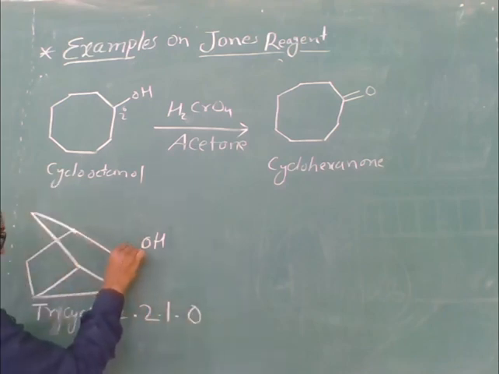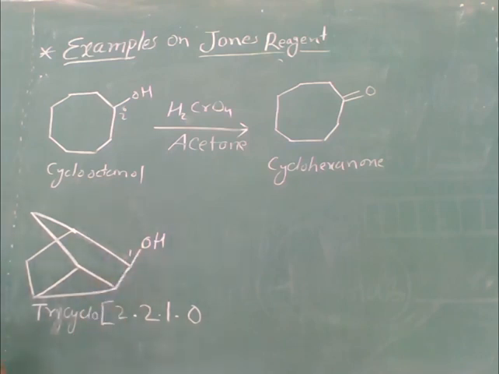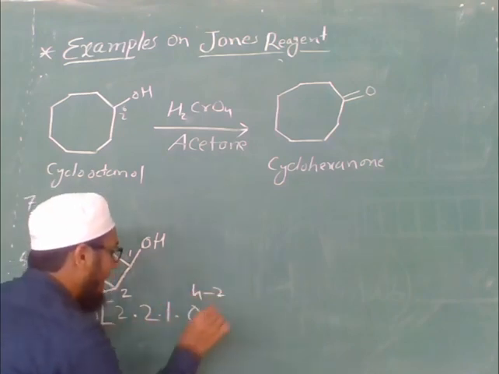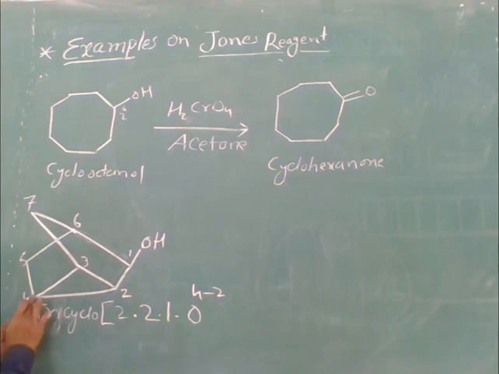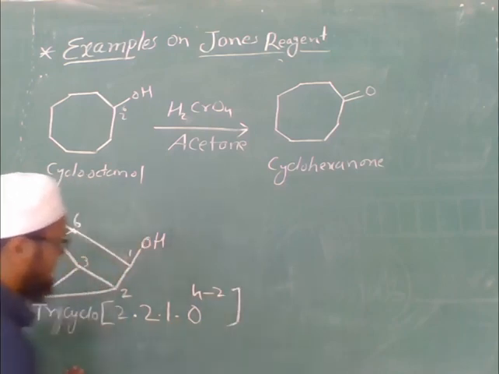So I will number this: first carbon, second carbon, third carbon, fourth carbon, fifth carbon, sixth carbon, and this one will be 7. Where the 0 is, I will write it as a superscript: 4 to 2. Between the 4 and 2 carbon, there is a 0 carbon. I will close this bracket.